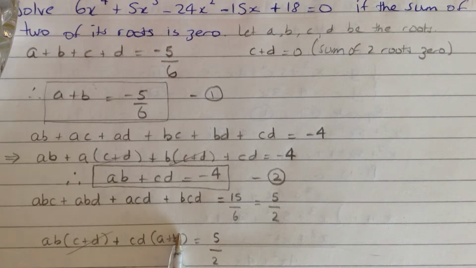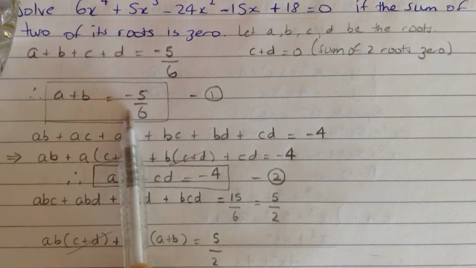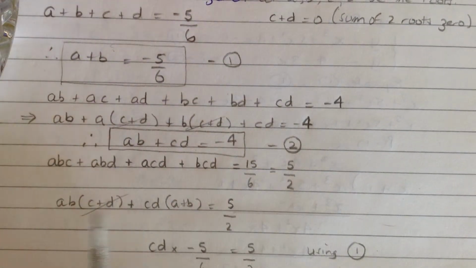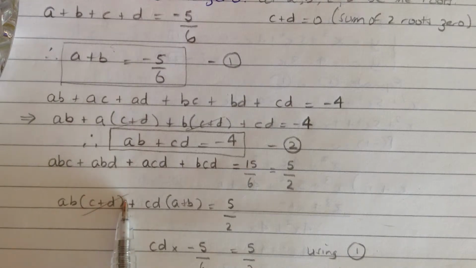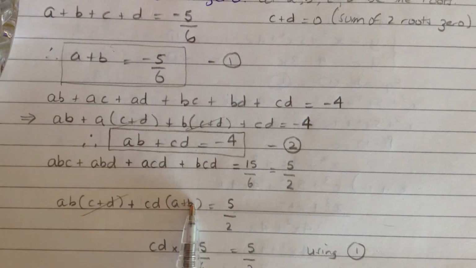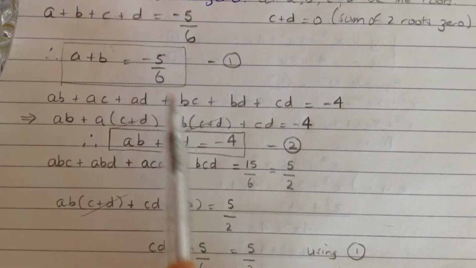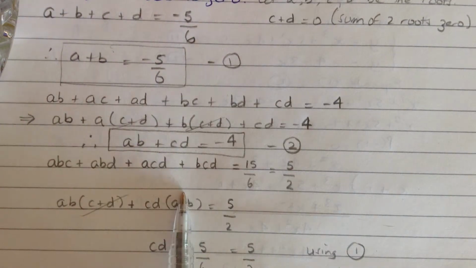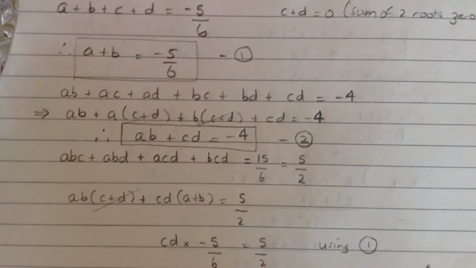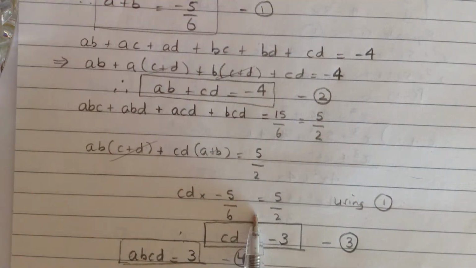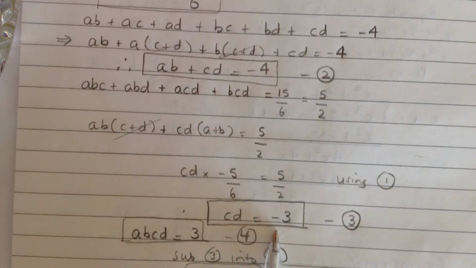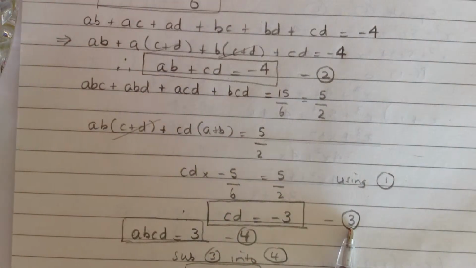Simplify as you go with what you found above. This term goes to 0 because C + D equals 0, and this term will be CD times -5/6, because A + B is equal to -5/6, and that is equal to 5/2. That simplifies to CD = -3. Another simple equation, call that equation 3.